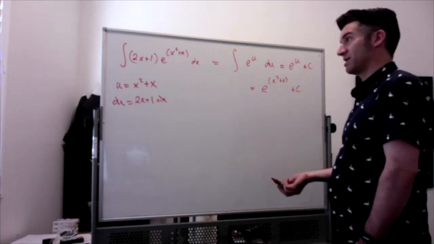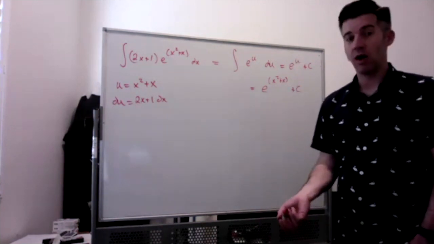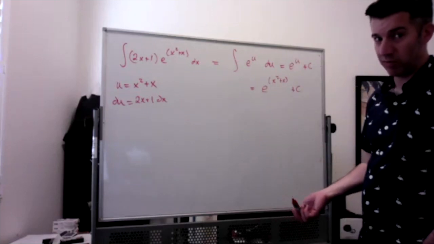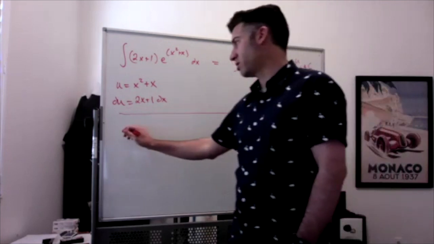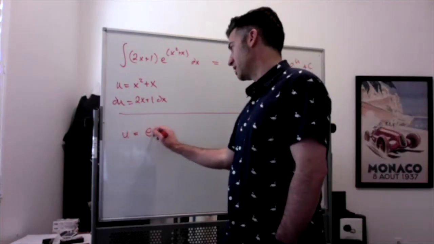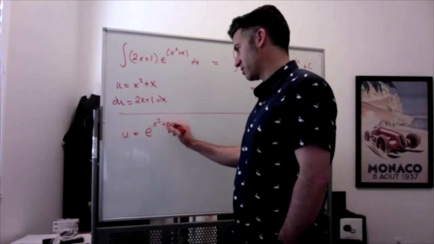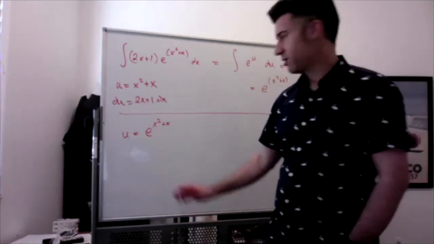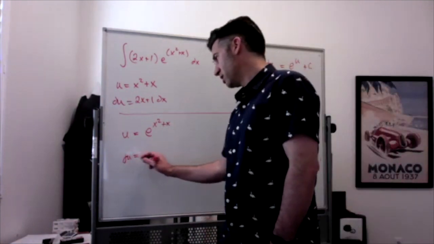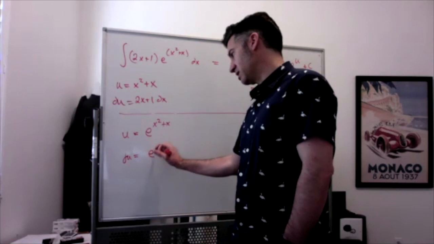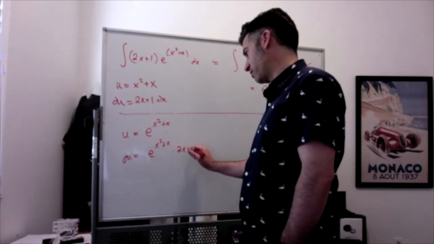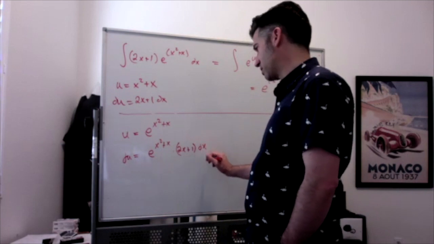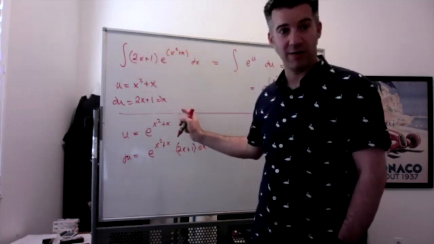I will mention, just because it's kind of interesting, there is an alternate choice you could make for this problem. It's kind of funky. You could, if you wanted to, let u equal e to the x squared plus x. Then your du is the derivative of this, which is e to the stuff times the derivative of the stuff, dx. That's exactly your entire integral.